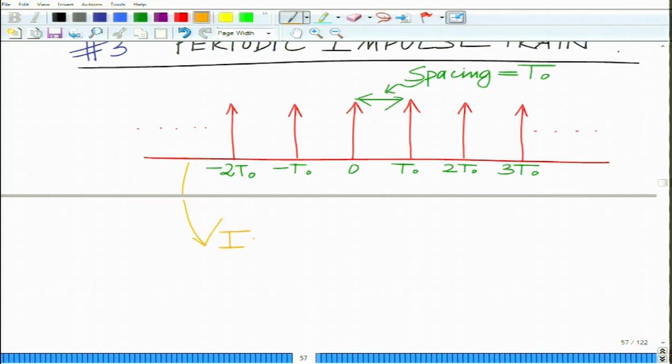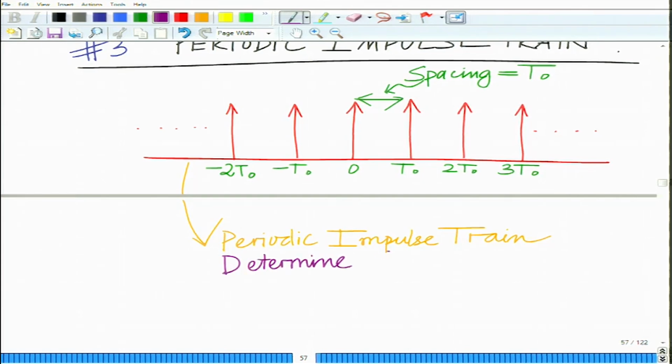And for this periodic impulse train we want to determine, once again, the CEFS as well as the TFS, and this is fairly simple.